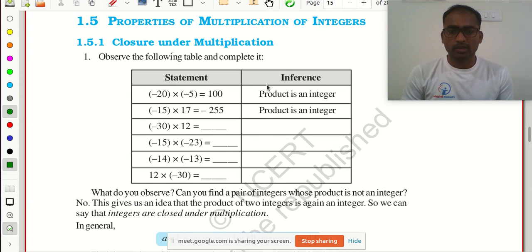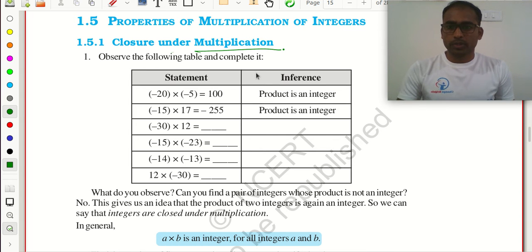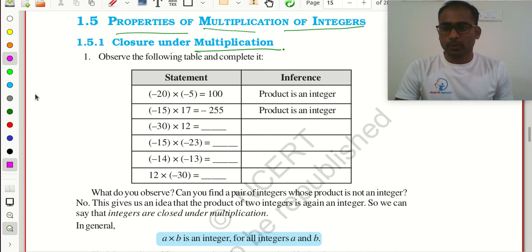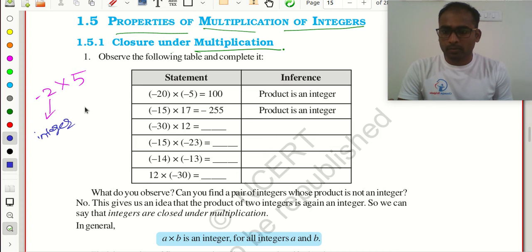Now we will learn multiplication. So here we are going to learn about the properties of multiplication of integers. Suppose I have an integer minus 2 and I am multiplying with another integer, suppose 5. Minus 2 is an integer and 5 is also an integer.